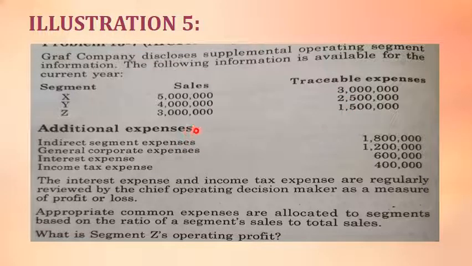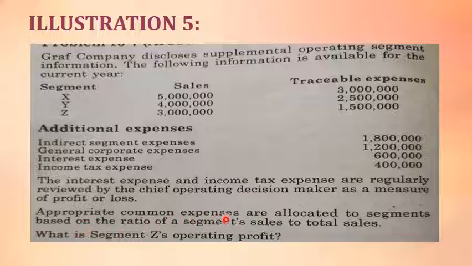So, additional expenses are indirect segment expenses of 1.8 million, general corporate expenses 1.2 million, and interest expense 600,000, income tax expense of 400,000. The interest expense and income tax expense are regularly reviewed by the chief operating decision maker as a measure of profit or loss.